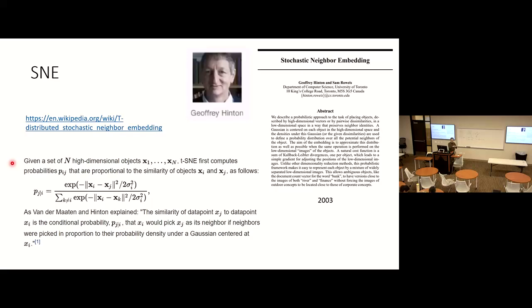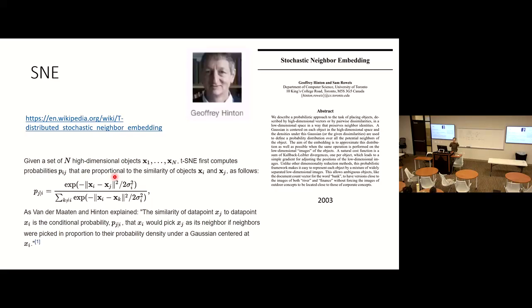If you look at this, published in 2003, it defines a probability of two data points being neighbors in the high dimensional space. It's very easy to compute. It's the distance between two points, i and j. If these two points are close to each other, the distance is close to 0, and it translates into a probability using the normal distribution PDF.